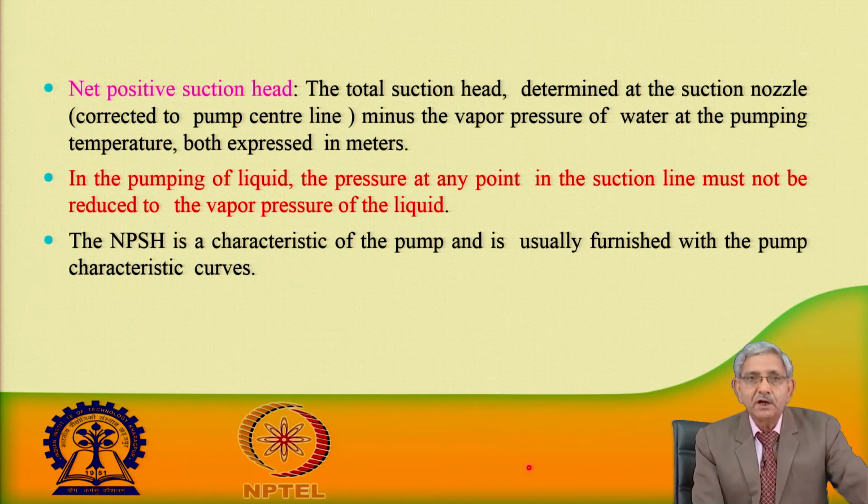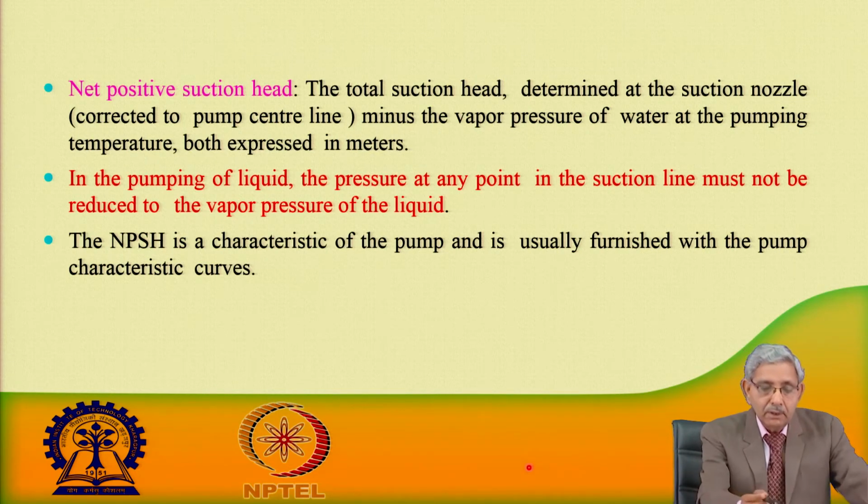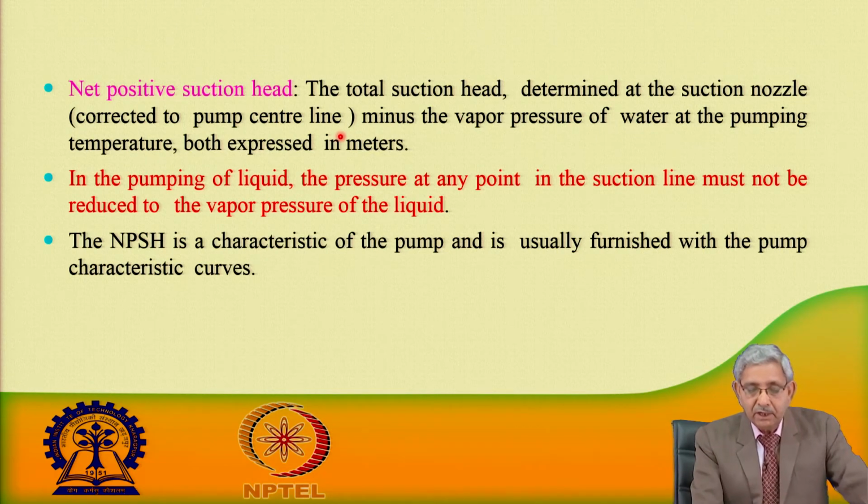NPSH, in short form, is the net positive suction head. It is the total suction head determined at the suction nozzle connected to the pump center line minus the vapor pressure of water at pumping temperature, both expressed in meters.